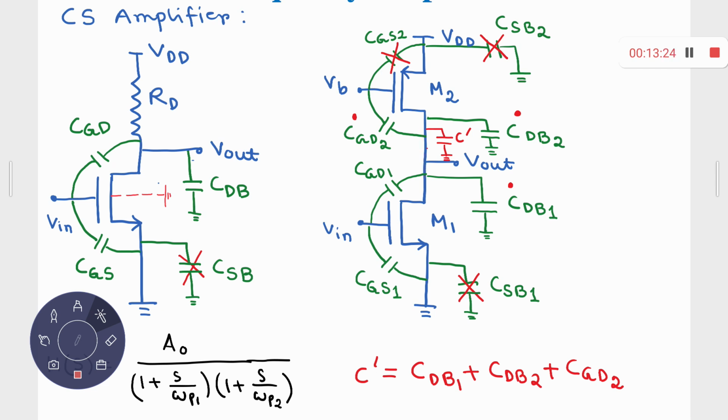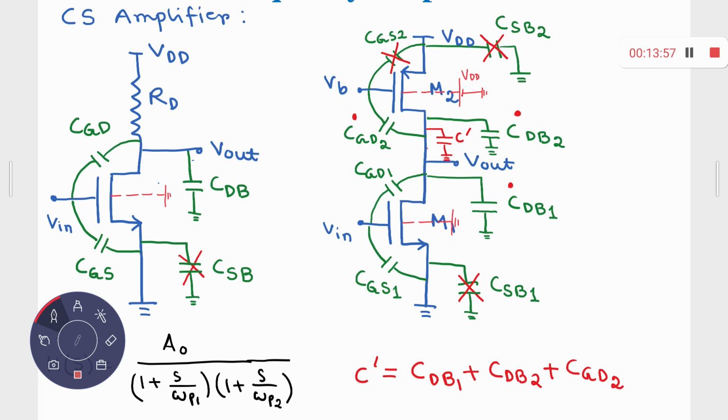Right? And you understand that for M1, the body is connected to ground, and for M2, this is connected to VDD. Right? Now you tell me, out of these 2 MOS, which one is experiencing body effect?